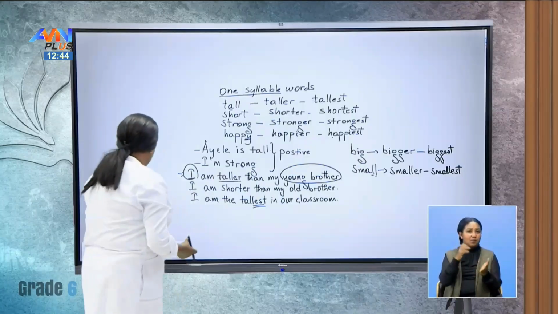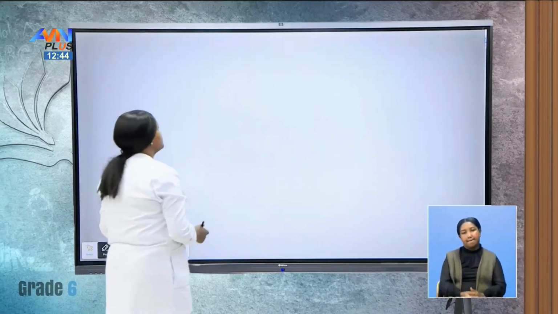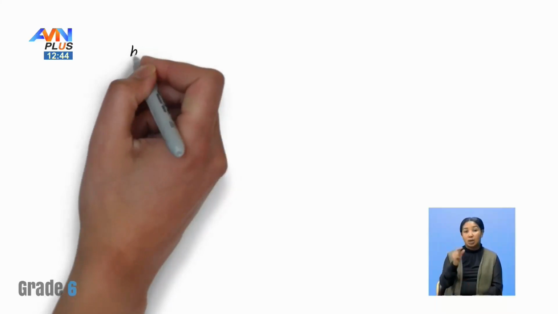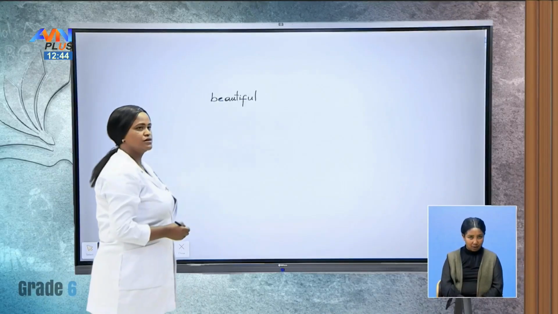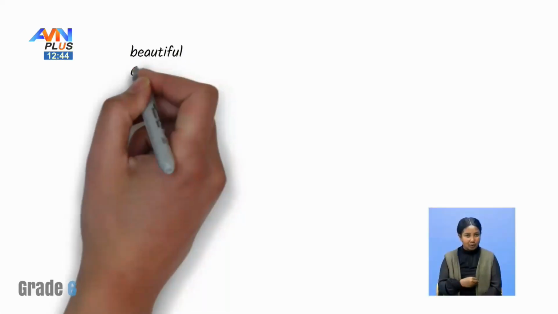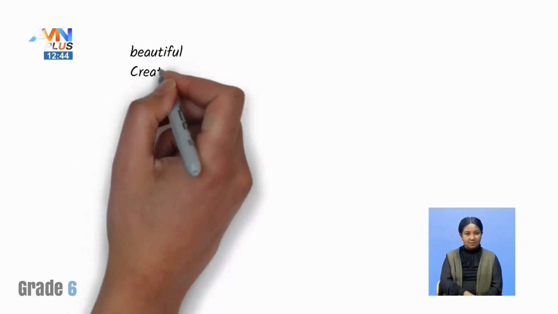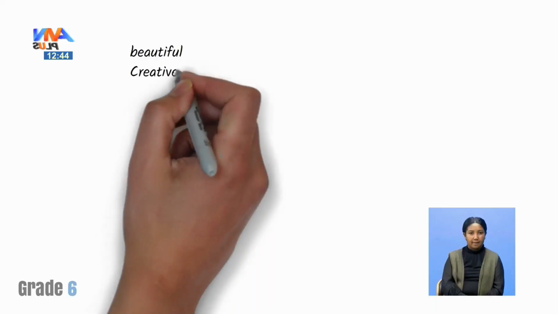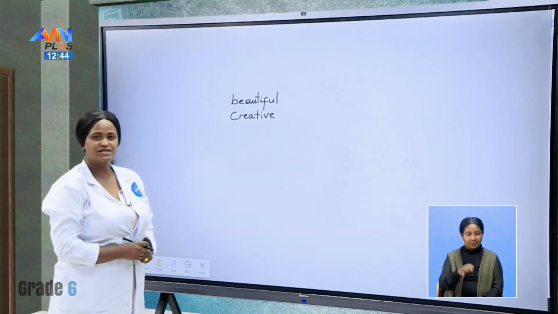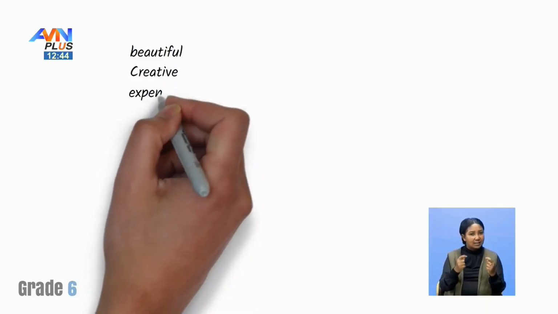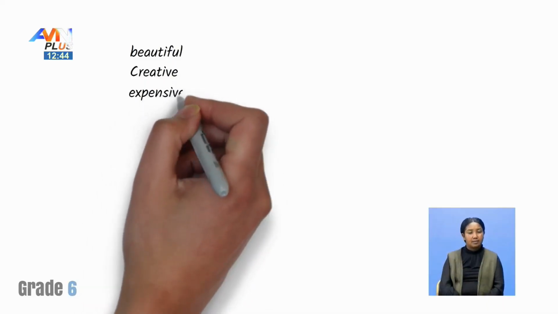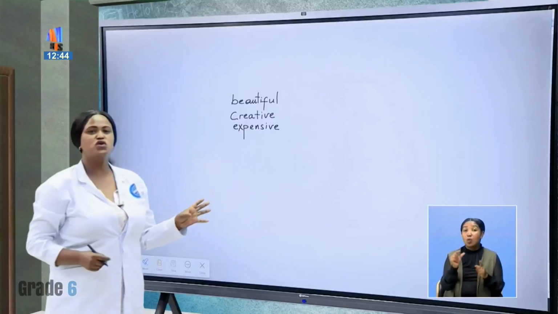For example, look at this word, beautiful. Beautiful. Yeah? Beautiful. Creative. Creative. Yes? Expensive. These are words with more than 1 syllable.